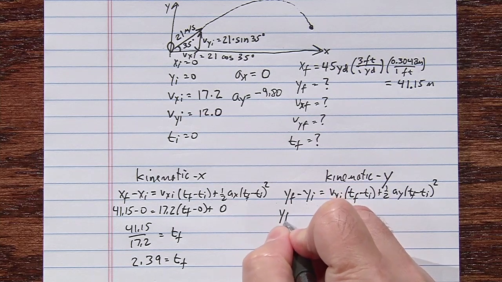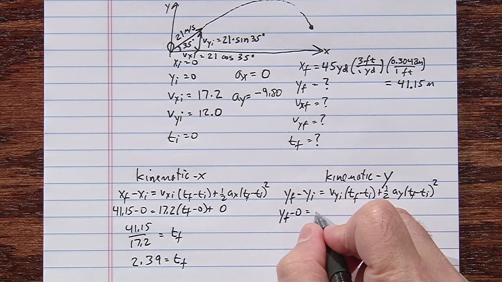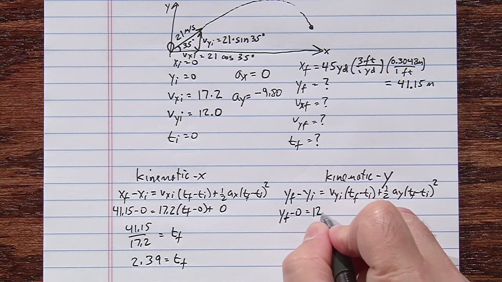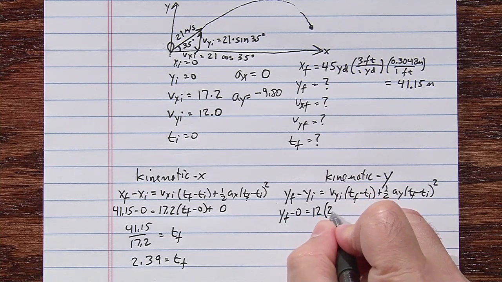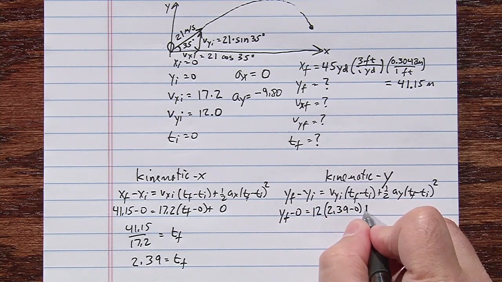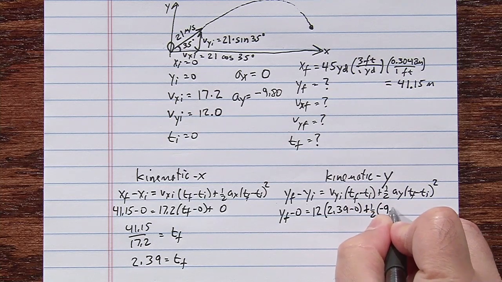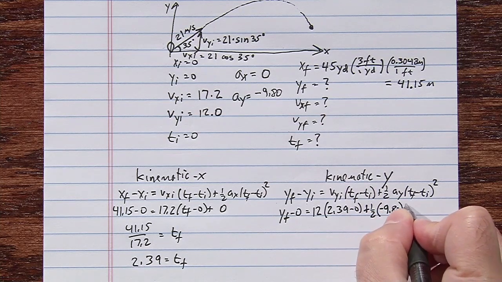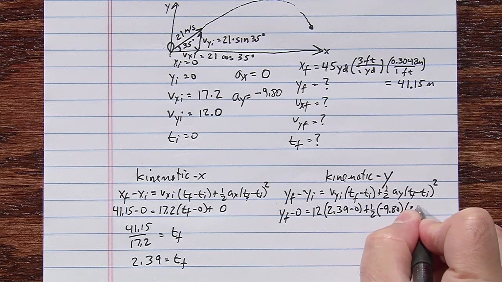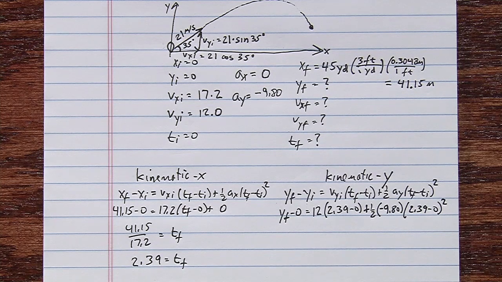So Y final minus 0 is equal to Vy initial, which is 12, times T final, 2.39 minus 0, plus 1/2 of negative 9.80, which is AY, times 2.39 minus 0 squared.